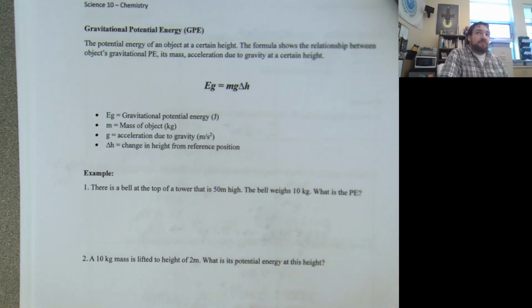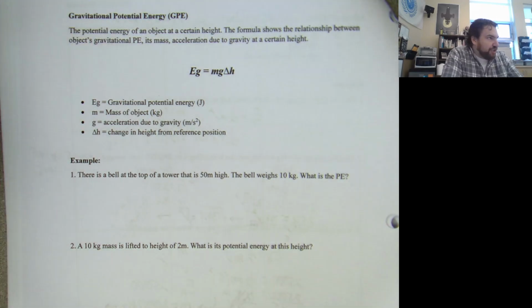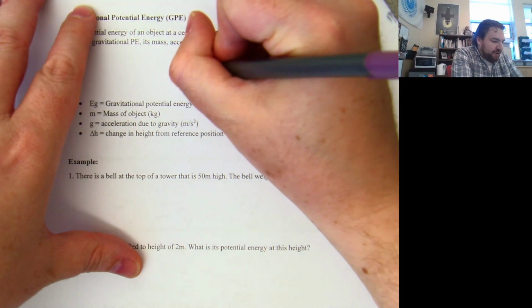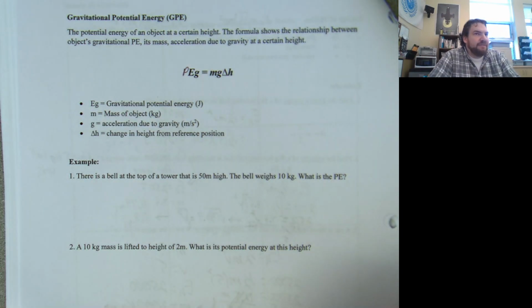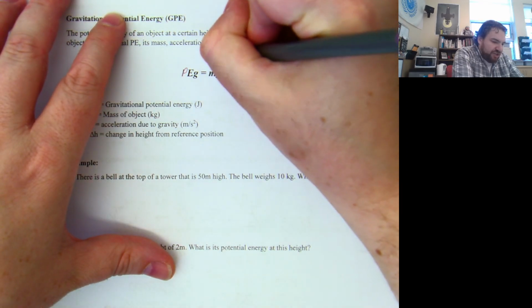That's the page you guys are on. There we go. Here is the formula for gravitational potential energy. We're just going to take those three concepts and multiply them together. I am going to add a letter out front to represent the fact that this is a potential energy. PEG equals mg triangle H. This triangle just means change in.